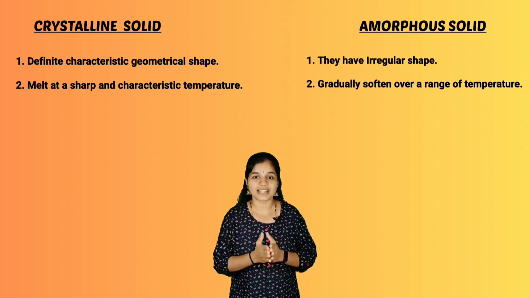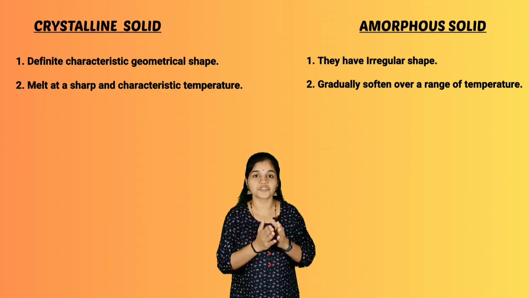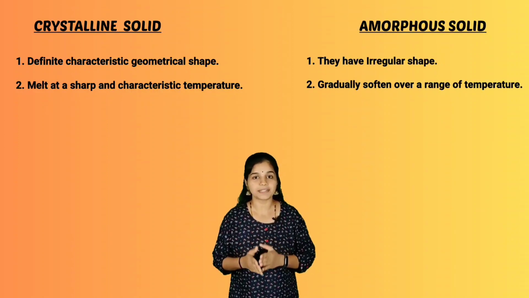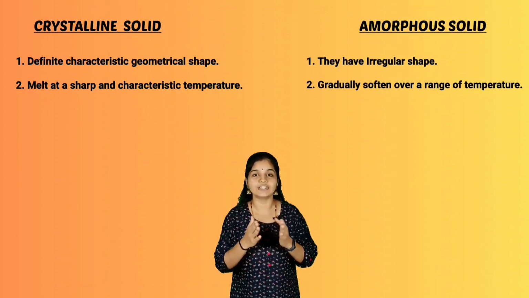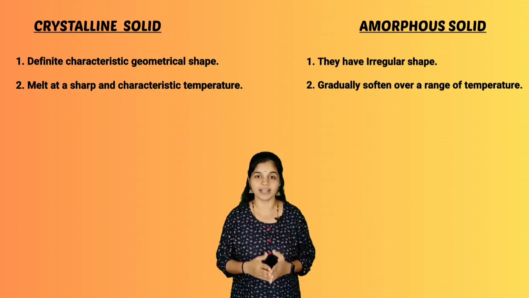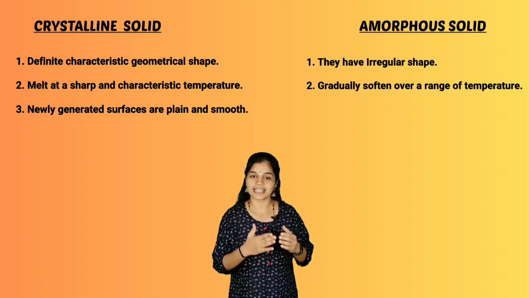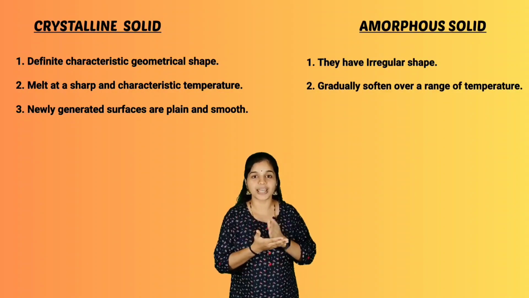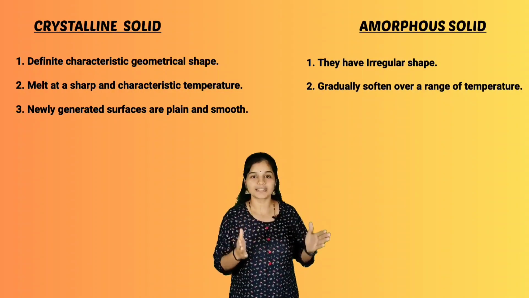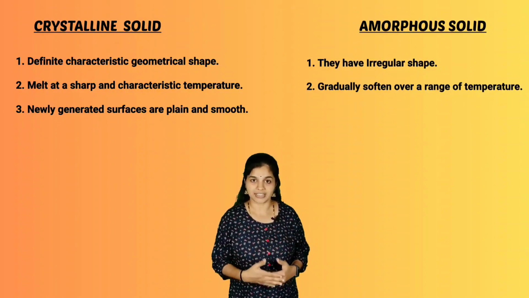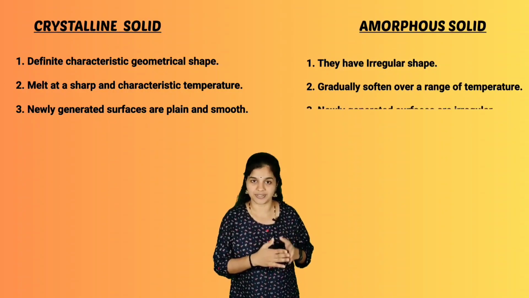When crystalline solids are cut with a sharp-edged tool, they split into two pieces and the newly generated surfaces are plain and smooth. But when we cut an amorphous solid with a sharp-edged tool, the two pieces obtained after cutting have sharp edges.